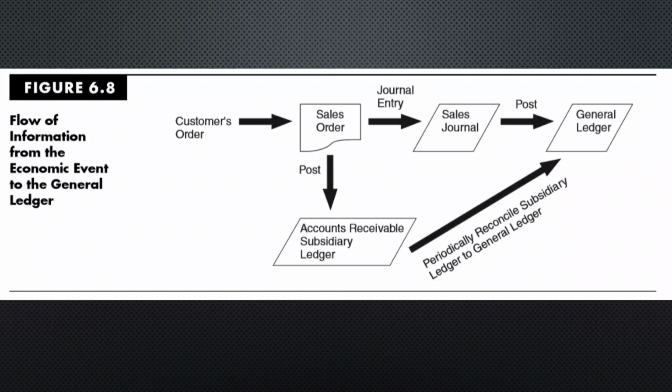Dito sa figure 6.8, flow of information from the economic event to the general ledger. Extension lang din siya nung kaninang figure about sa sales journal. Dito, pumapasok na yung accounts receivable, subsidiary ledger, and general ledger.